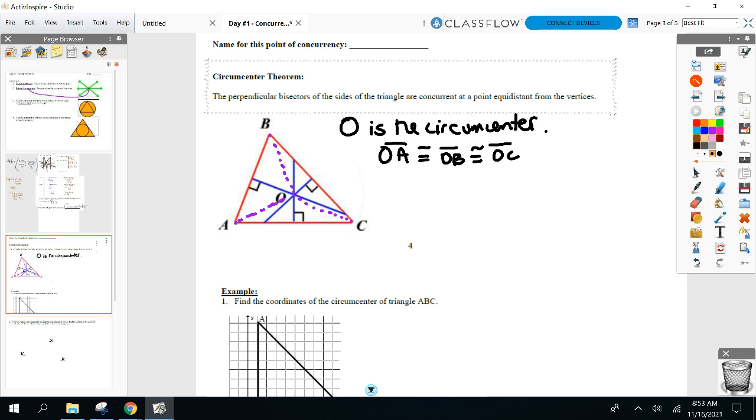We okay? Circumcenter, how's it formed? Intersection of the perpendicular bisectors, and it's equidistant from the three vertices of a triangle. A lot of vocab, huh? Any questions right now before we try to find the circumcenter on your own?